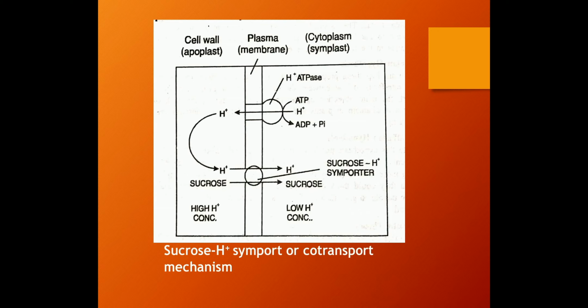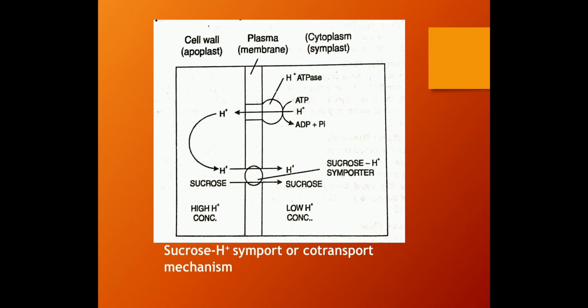This makes the outside more positively charged and the inside more negatively charged. The sucrose proton translocator, in its negatively charged form, combines with a proton and a sucrose molecule and it undergoes conformational changes.